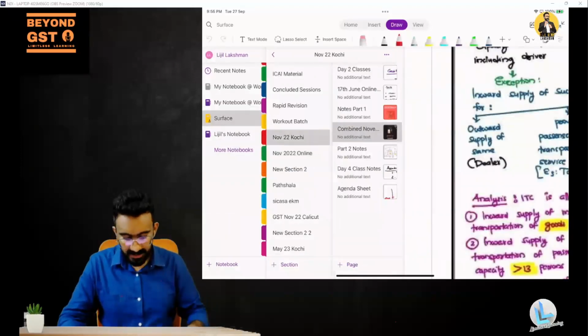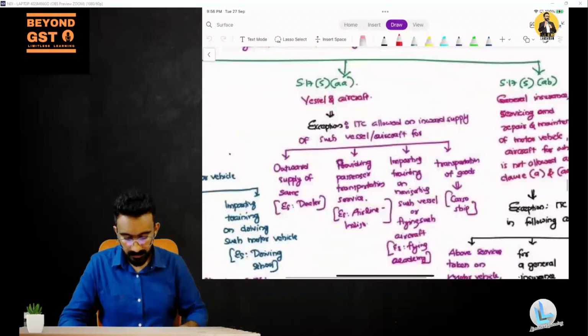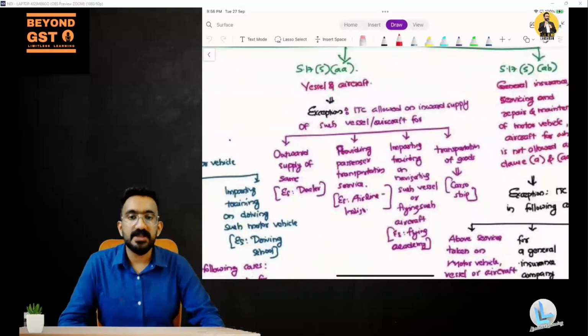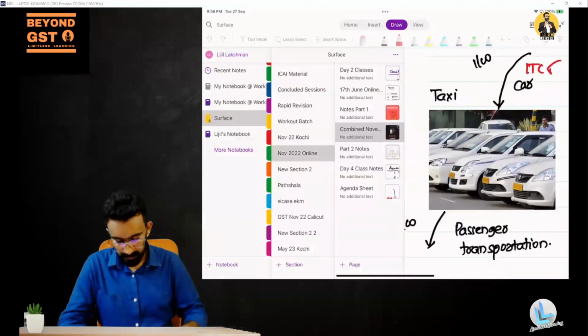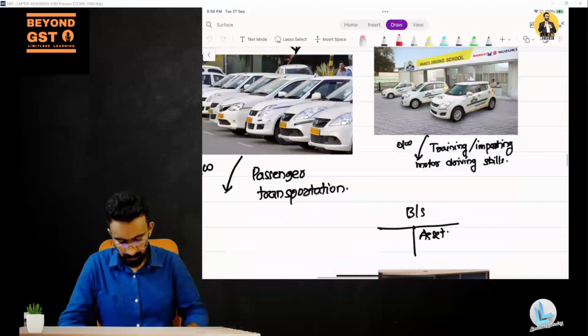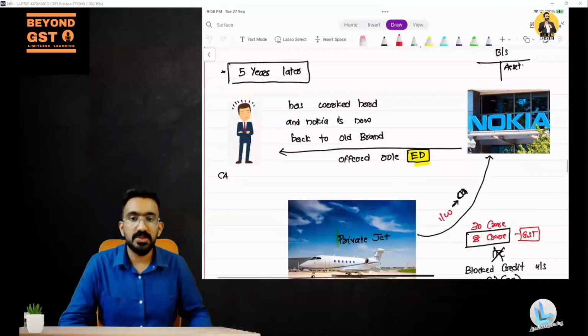What is the second blocked credit? The second blocked credit is vessel and aircraft. In our example, you remember our friend, the chartered accountant who was appointed as a CFO.